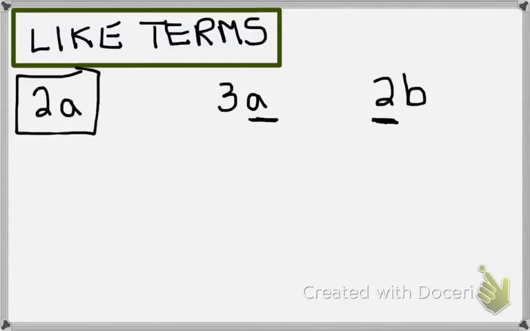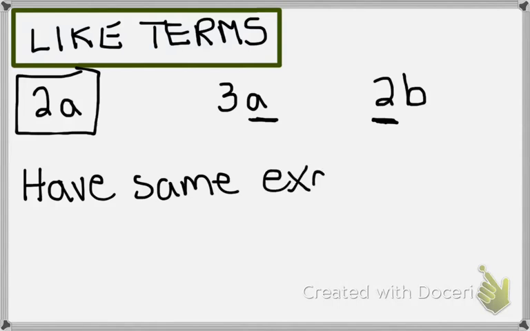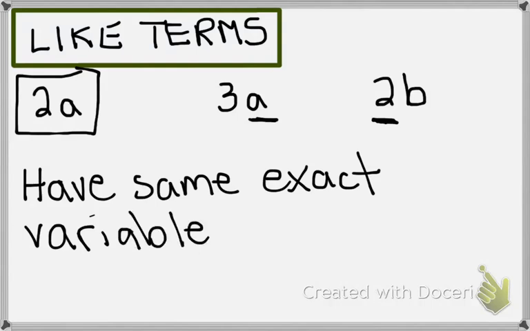So, like terms have the same exact variables. Different numbers are okay.